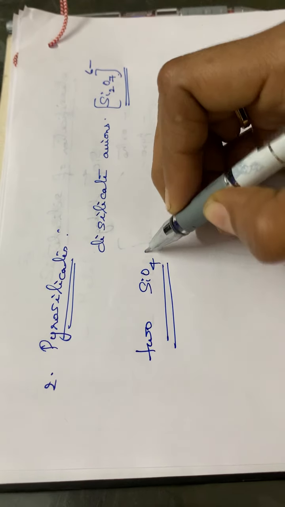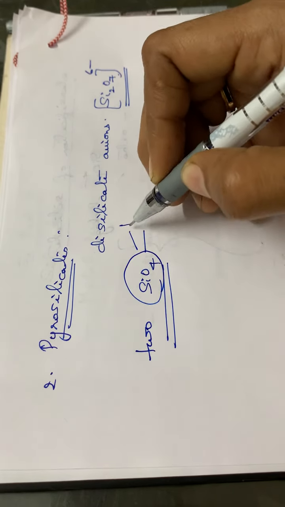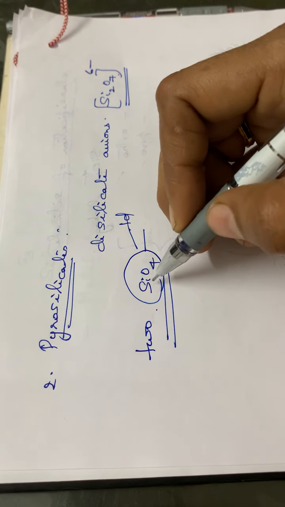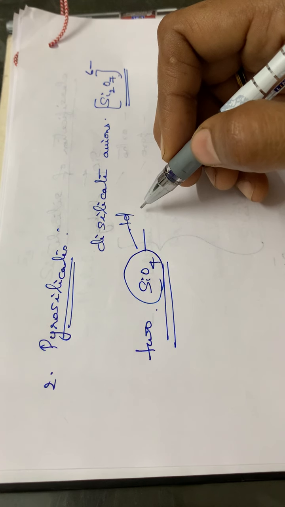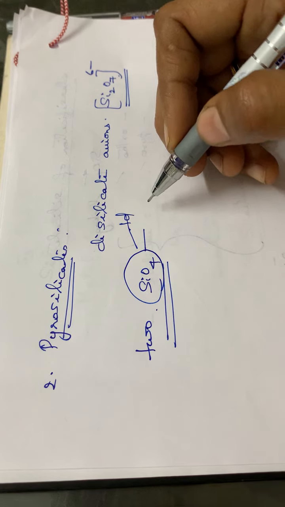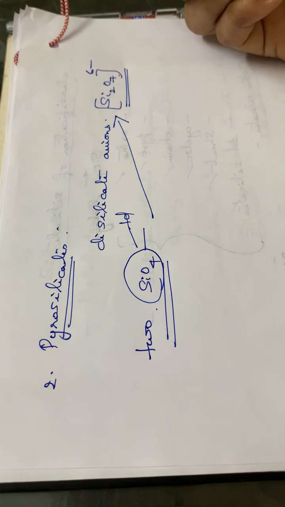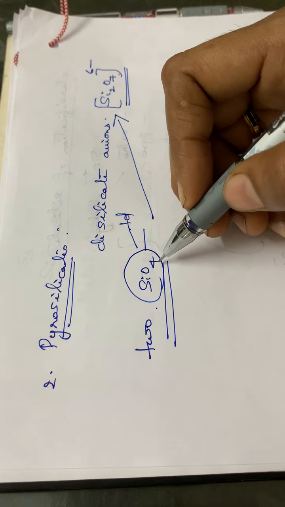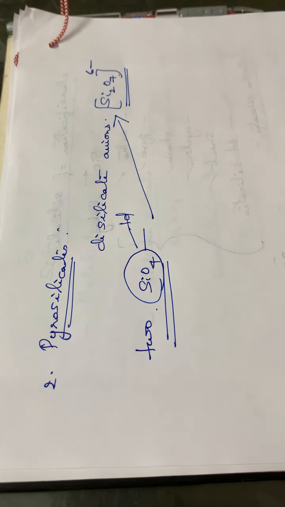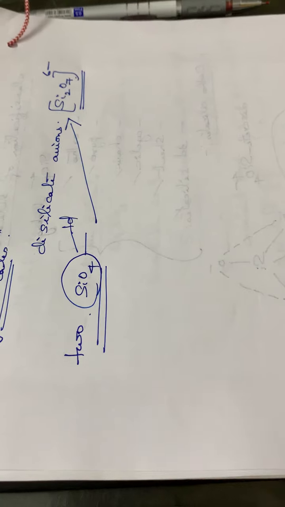The SiO4 has tetrahedral geometry, so two SiO4 tetrahedral units are joined together to form Si2O7 6- units. That means one oxygen is shared by the two tetrahedra.